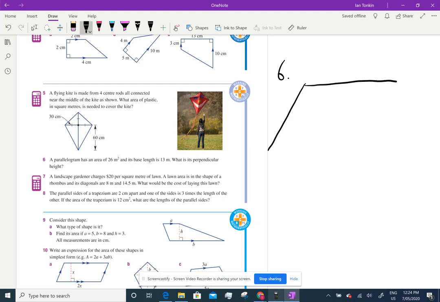It's a parallelogram. And parallelogram just means that all the sides are parallel, and hence, as a property, the opposite sides are equal. It has an area of 26 metres squared.